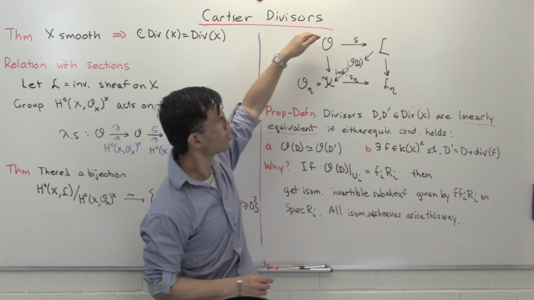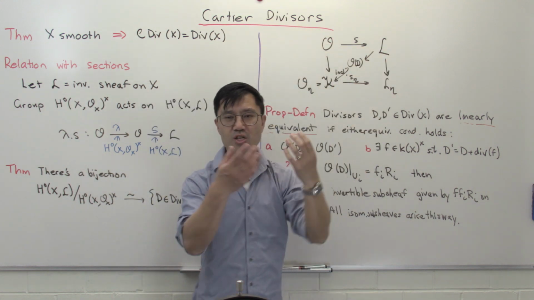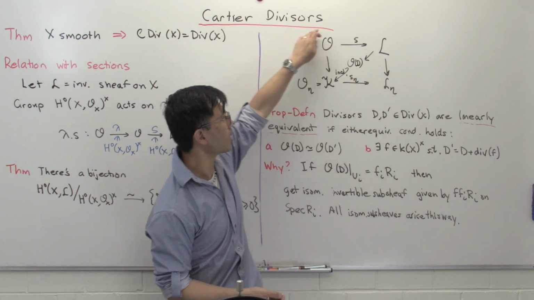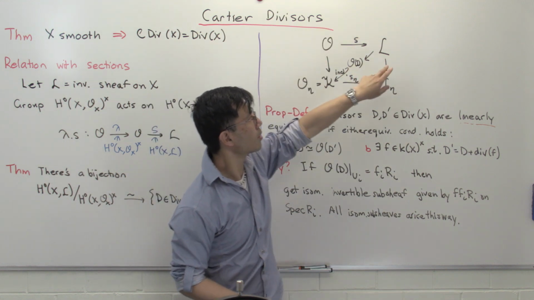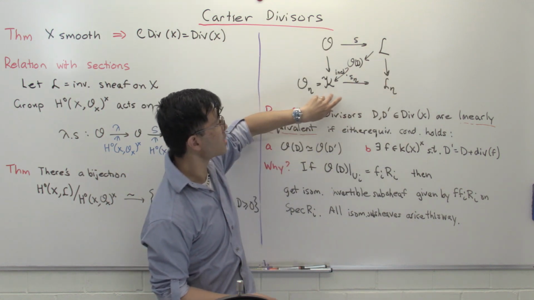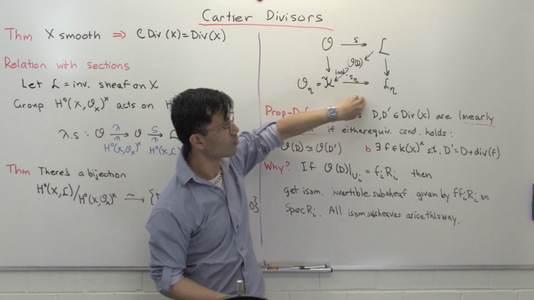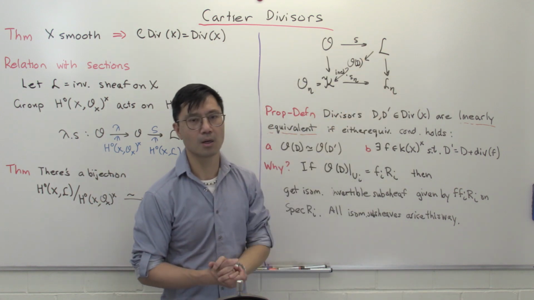If you have this map from O to L, you can look at the generic point. If you look at the generic point, you get O becomes this K, and L becomes this L eta, and of course these are isomorphic, and in fact this S, when you localize, will give you the isomorphism. So you have a map like this.